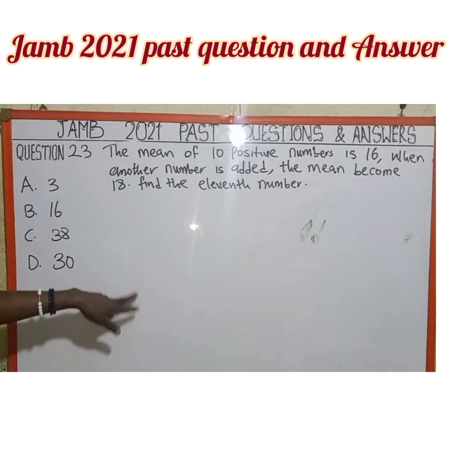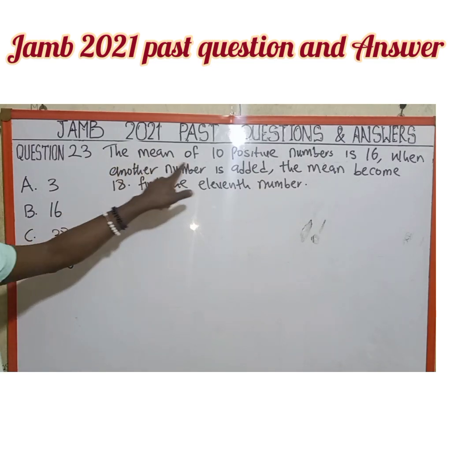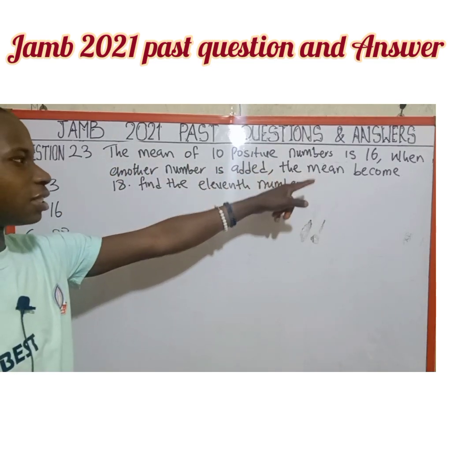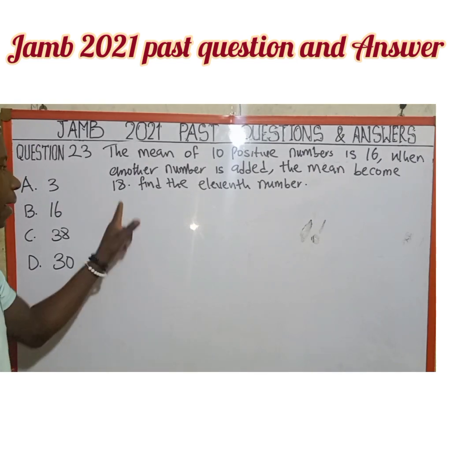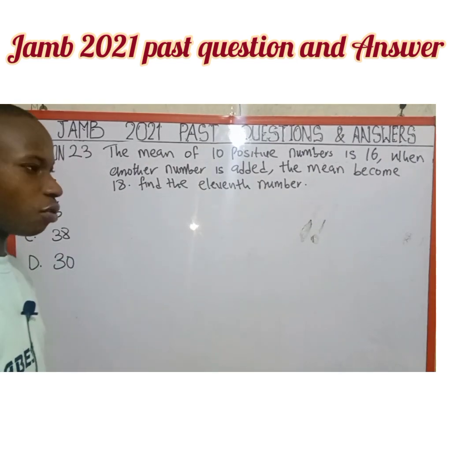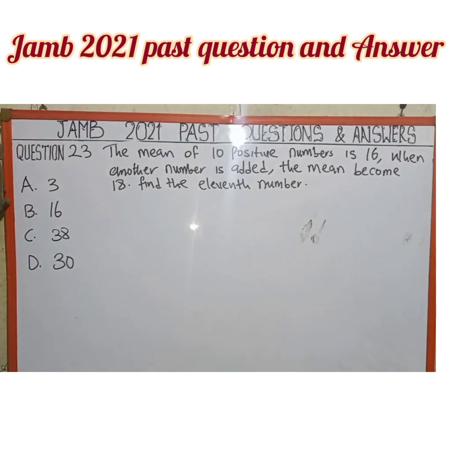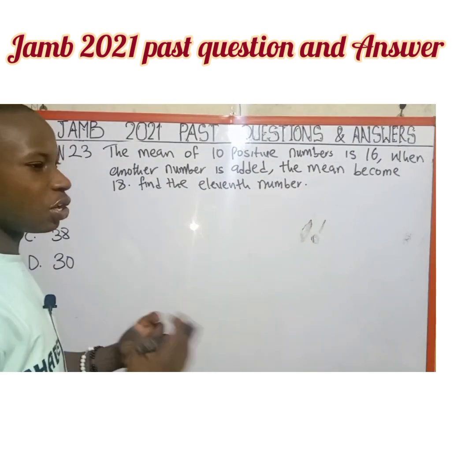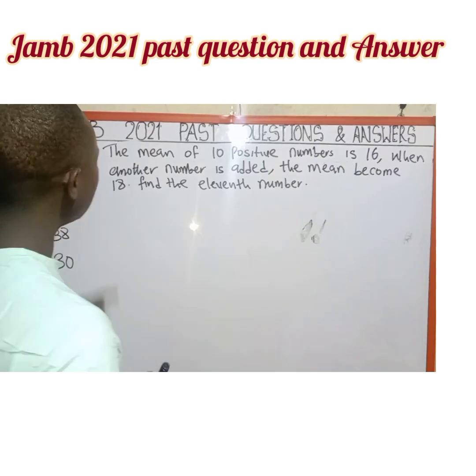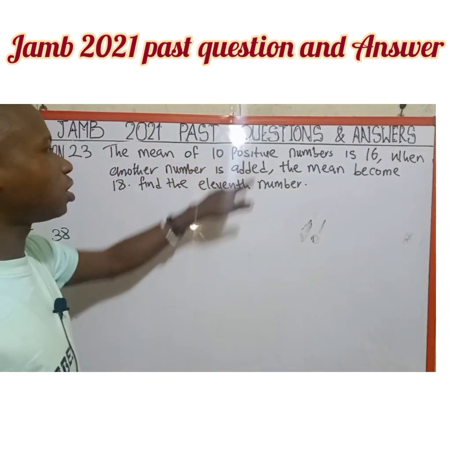Number 23. And the question reads, the mean of 10 positive numbers is 16. When another number is added, the mean becomes 18. Find the 11th number. And we have provided available options A to D. So let's solve. And remember, to get the mean of numbers is the summation of the terms divided by the number of terms. This question says the mean of 10 positive numbers.